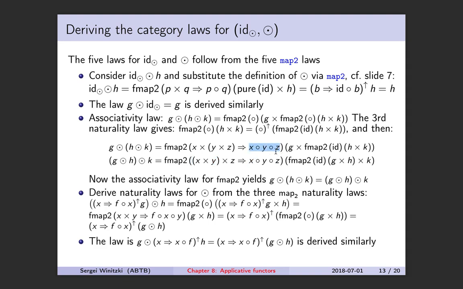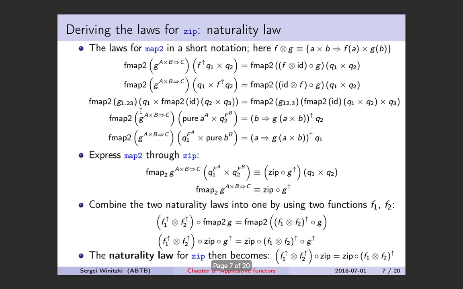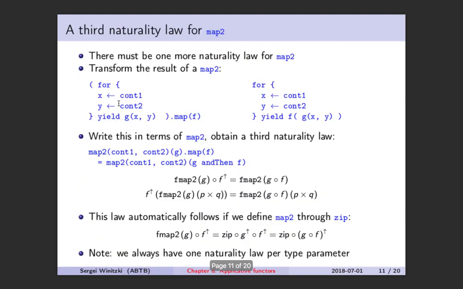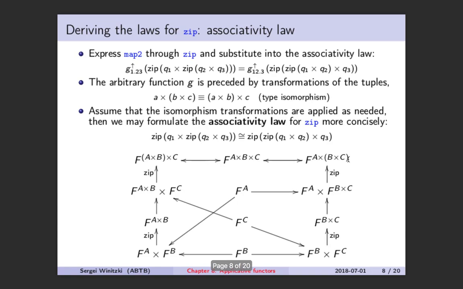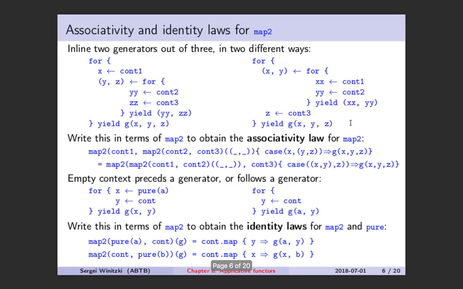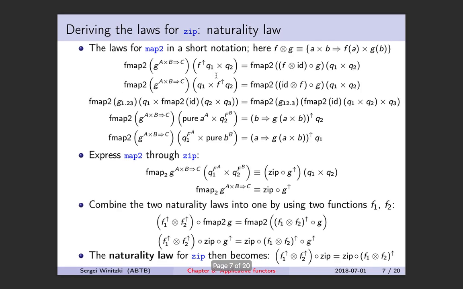This is the g in the Fmap2 law here. This is the g. And these are precisely the right-hand sides and the left-hand sides of this law.